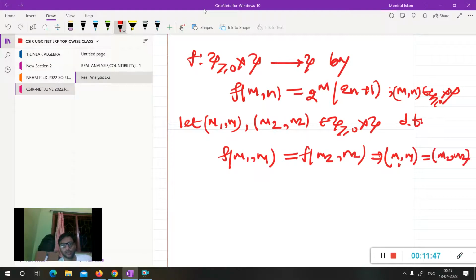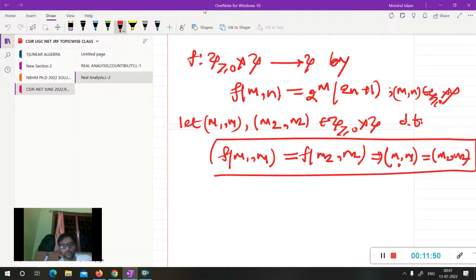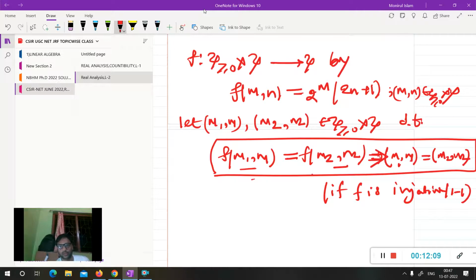Sorry, onto means... I mean injective: if f(x) equal to f(y), this implies x equal to y. So I am assuming this, and you have to prove this.